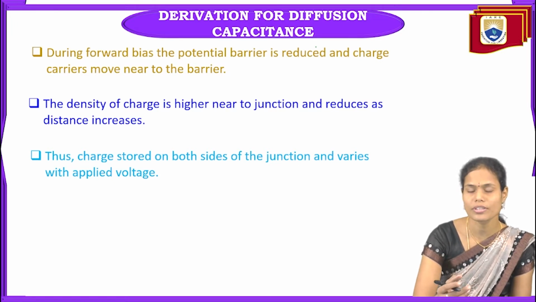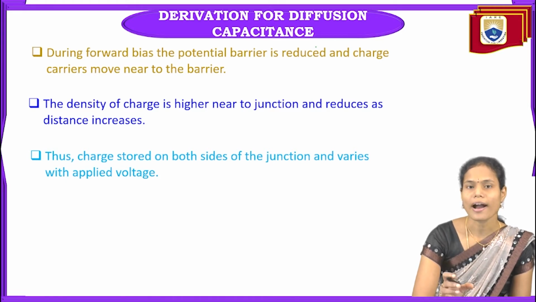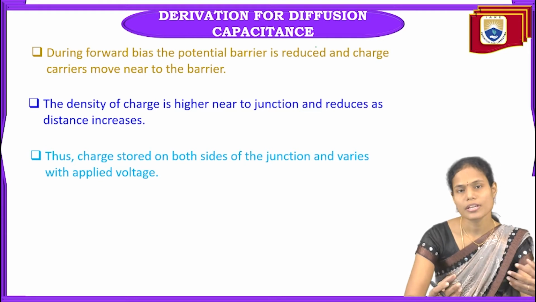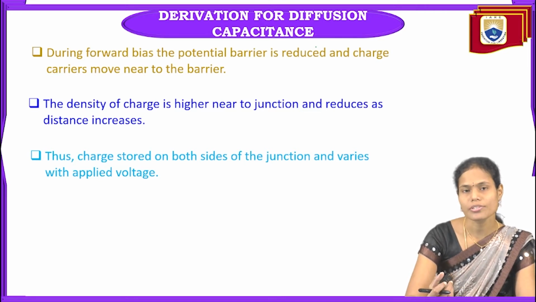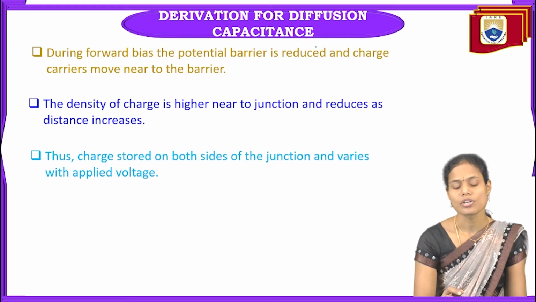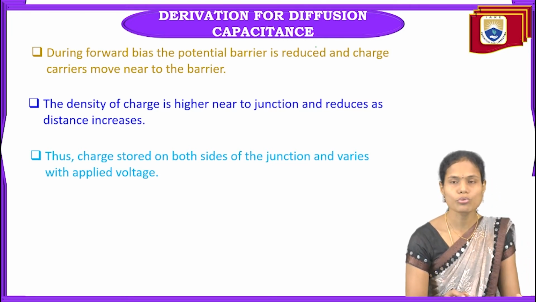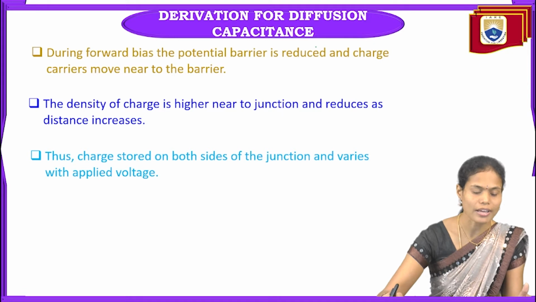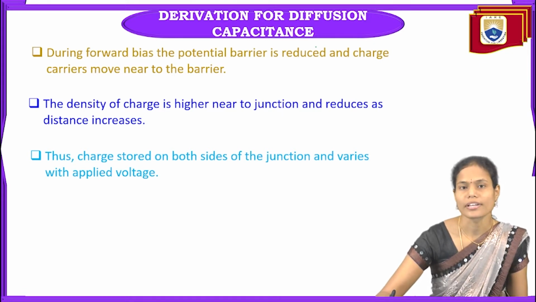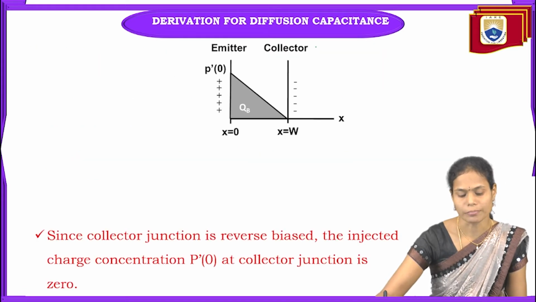So the density of the charge carriers is very high near the junction, and if the carriers are moving away from the junction, the density of the charge carriers will reduce here. So the charge stored on both sides of the junction varies with the applied external voltage VB.